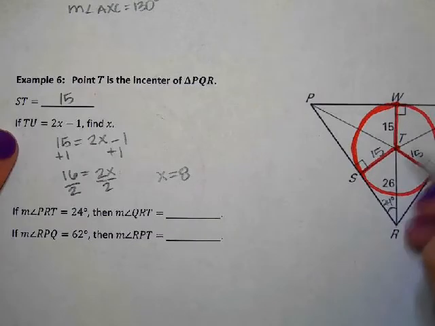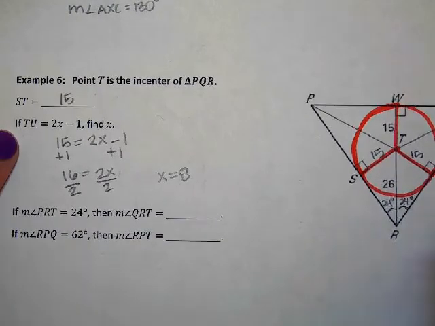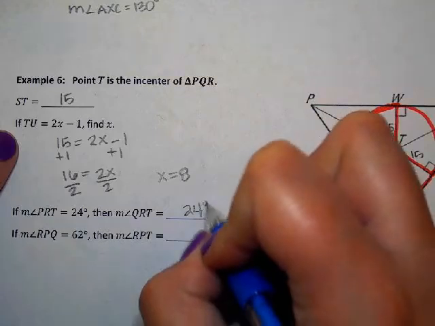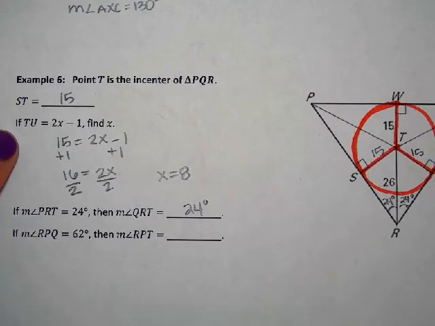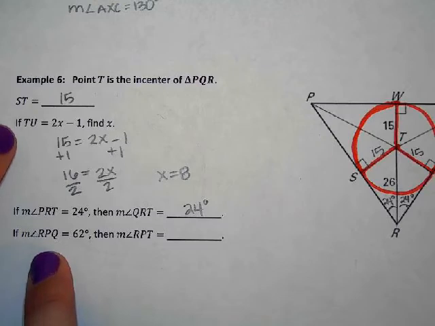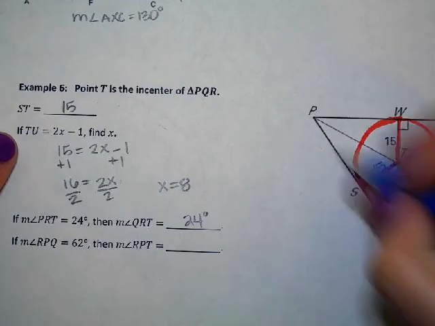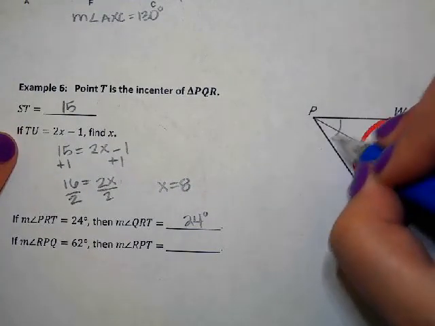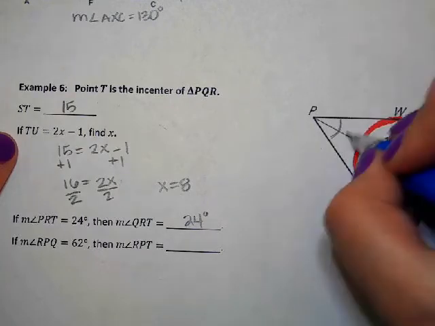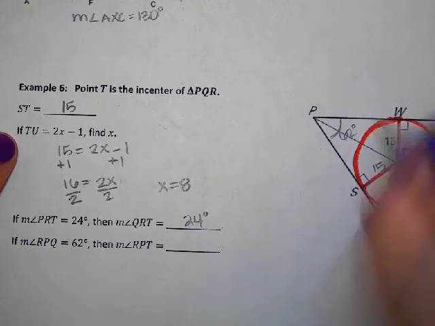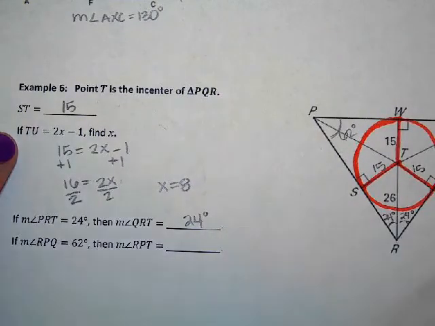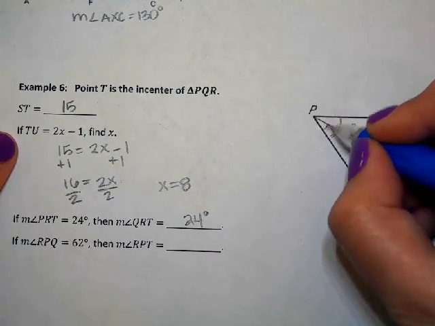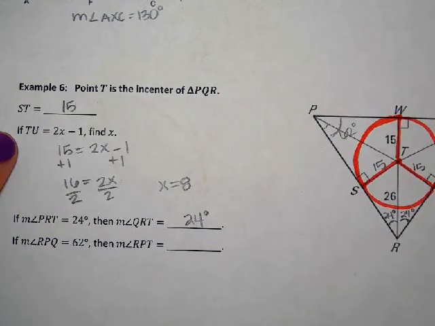The next one says from R to P to Q. So R to P to Q, that's this whole thing. If RPQ is 62 degrees, then RPT is just this part. Then RPT is how much? 31. All right. Does that make sense? Yes? Brains are good.